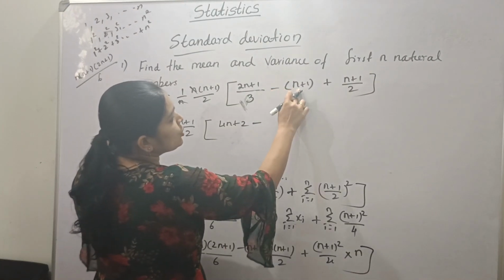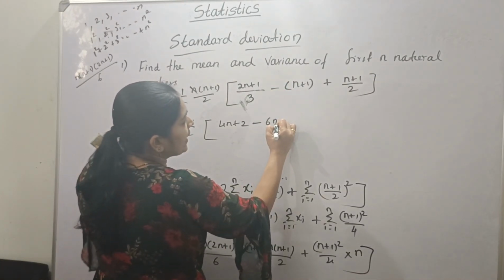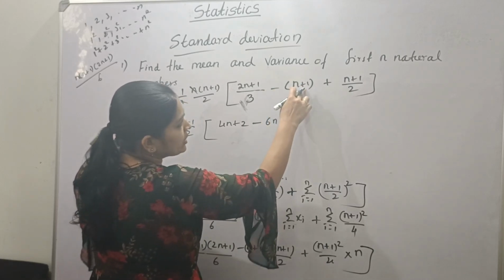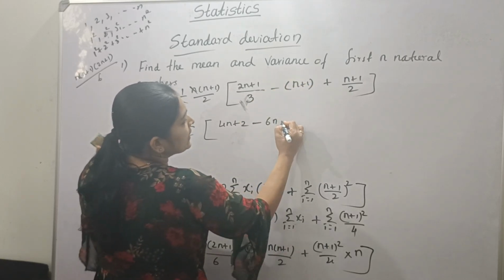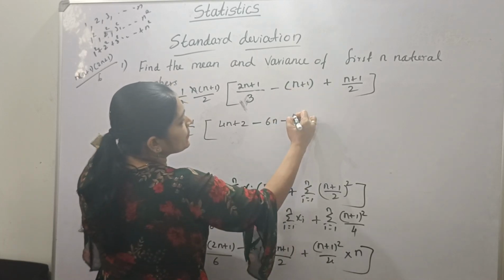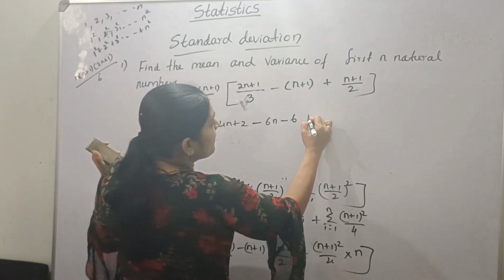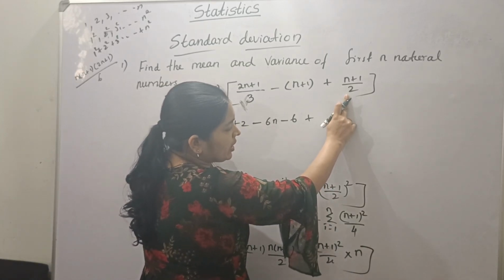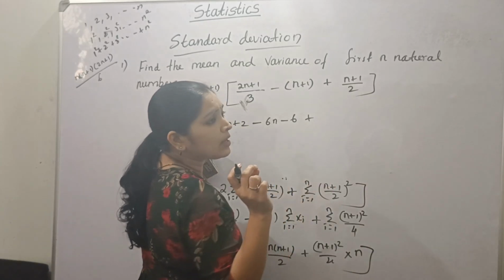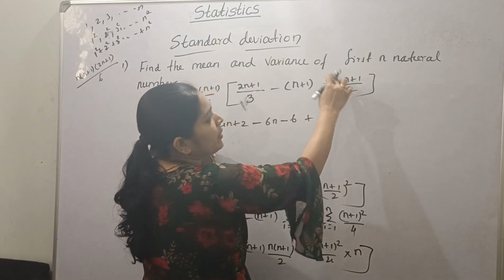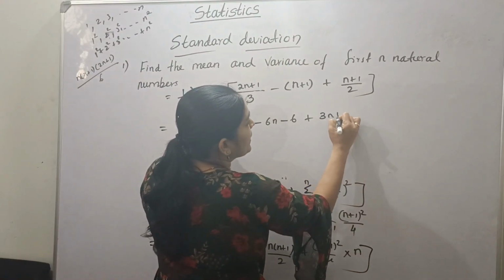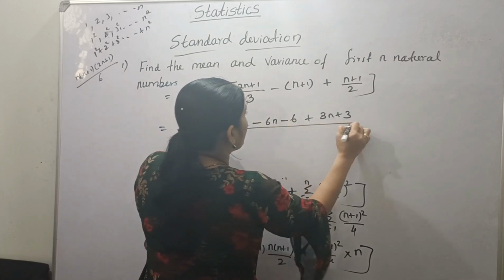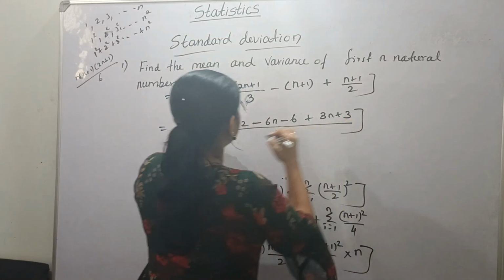So here 6 into n, so minus 6n, and multiply this minus to each term, that is minus 6. 6 into 1 is 6. Plus, here 2 is there in the denominator, so 6 is the LCM. We have to multiply by 3. So 3n plus 3 divided by 6.